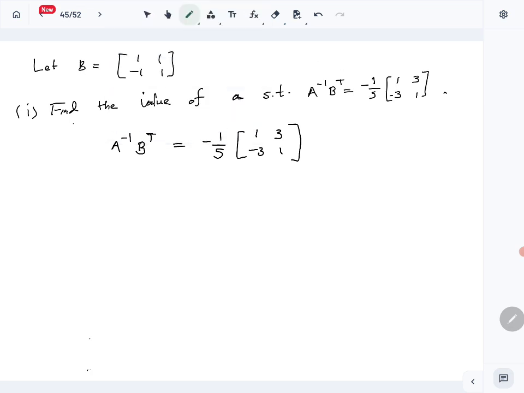Instead of that, we can multiply both sides by matrix A.